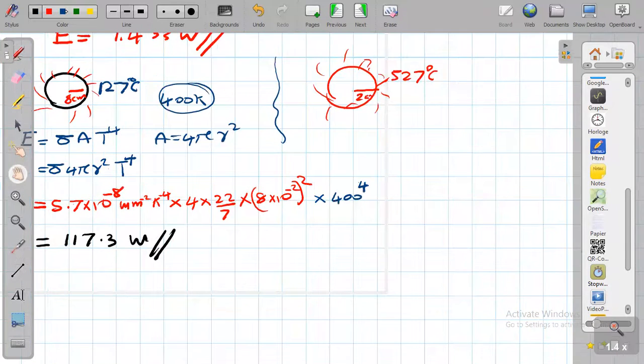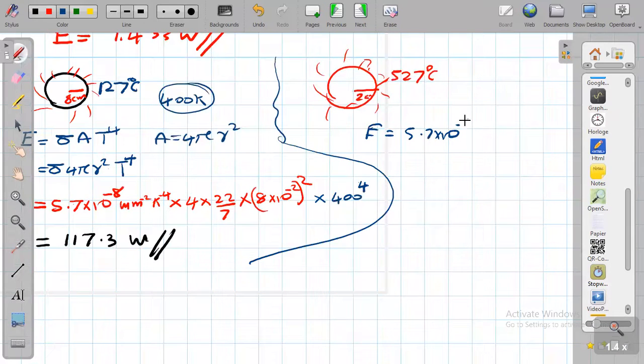I'm going to do the same thing to the right hand side too. The same equation. Now you know what to do. Sigma is 5.7 into 10 to the power minus 8 times 4 and 22/7 times, I will write the radius here.